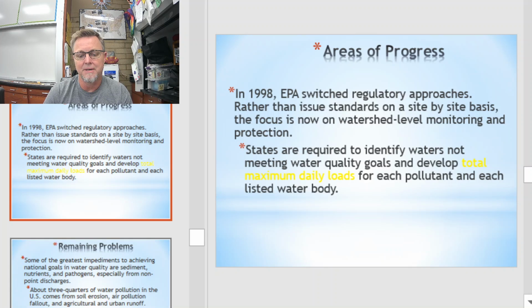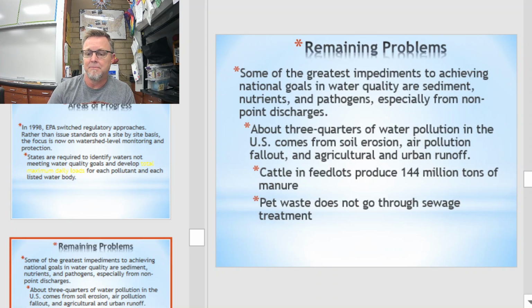States are required to identify waters not meeting water quality goals and to develop a maximum daily load for each pollutant in each listed body of water. Some of the greatest impediments to achieving the national goals in water quality are sediment, nutrients, and pathogens, especially from non-point sources. They're hard for us to track down, and since they're hard to track down, it's even harder to stop them.